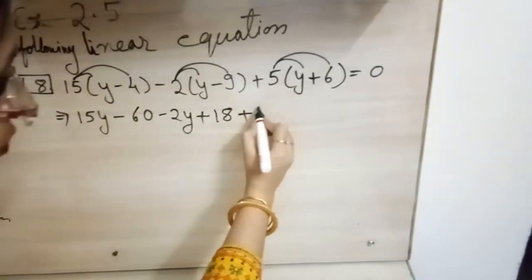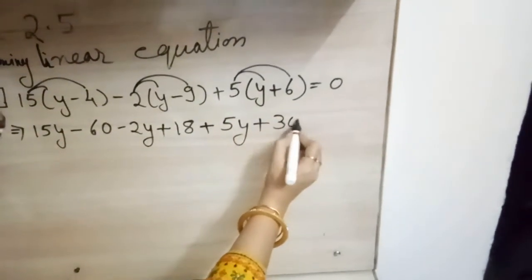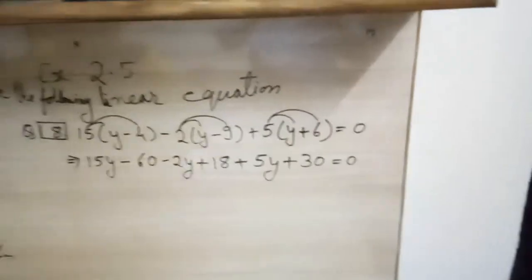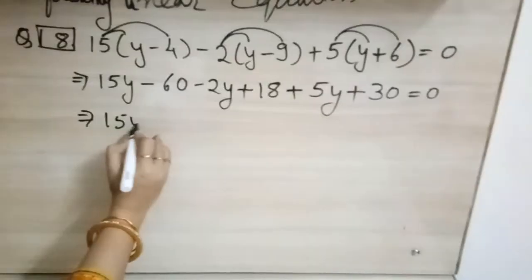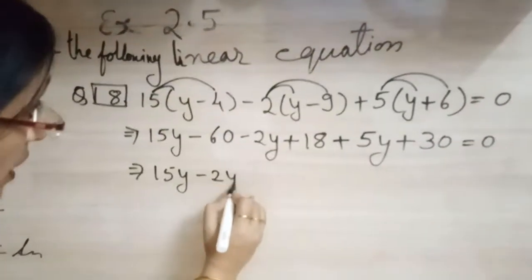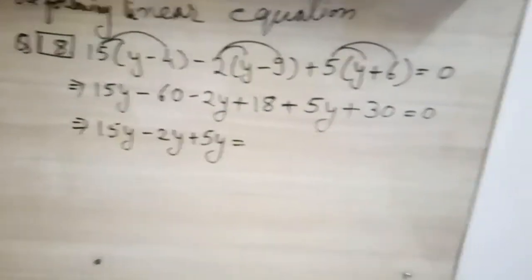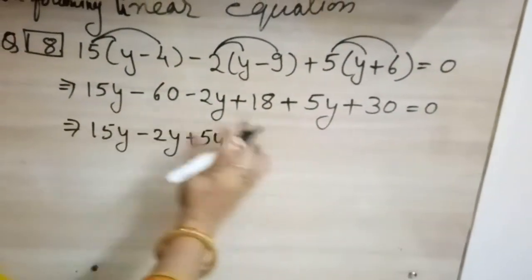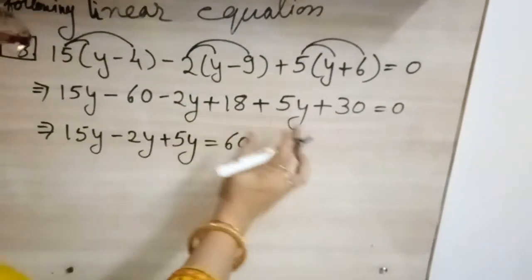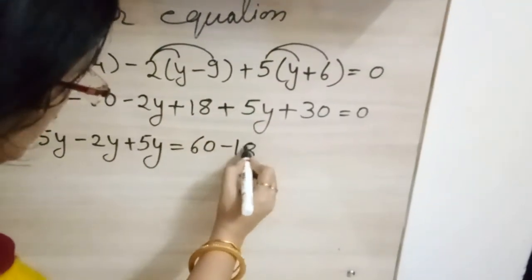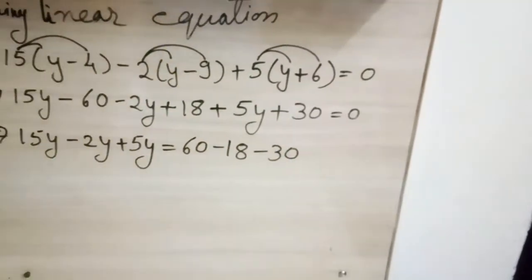Plus sign is there, so no need to worry. 15y plus 5y plus 30 is equals to 0. Again we will transpose, we will keep the terms with y on this side only, and terms not having y we will transpose to that side, so minus 60 will go there, so it will become plus 60, plus 18 will go that side, so will become minus 18, and plus 30 will go that side, so will become minus 30.